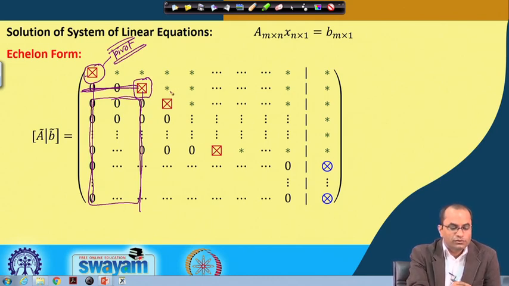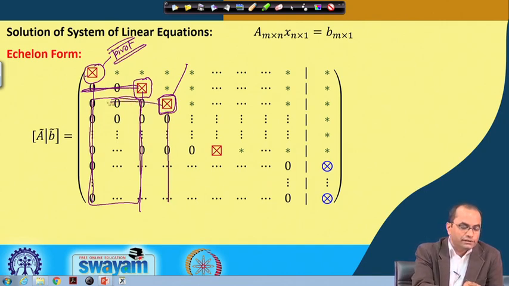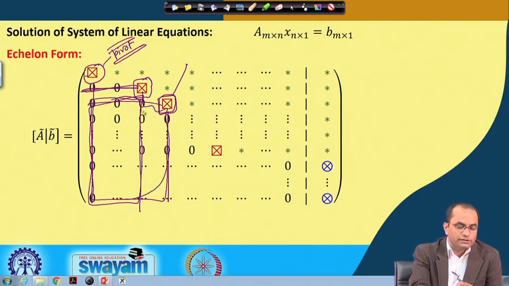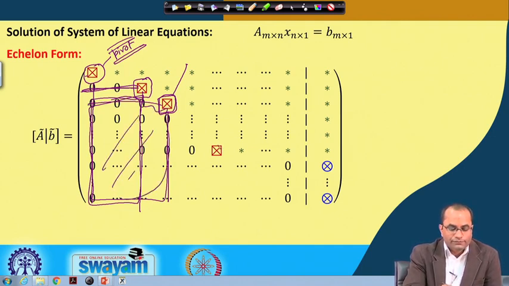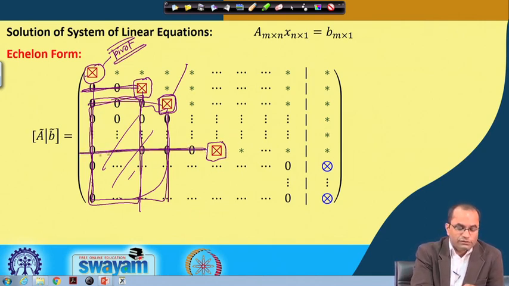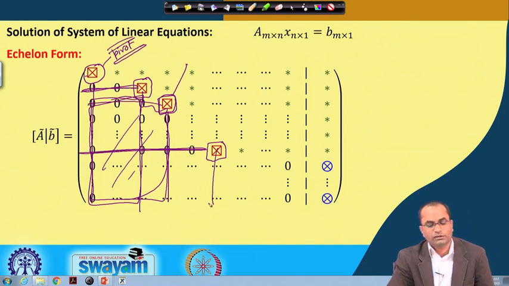Again, in this echelon form, this element will be called a pivot because everything here is 0, everything here is 0, and in this submatrix everything is 0. Similarly, this one is a pivot if it is a non-zero element, and everything to the left of it is 0 and everything below it is 0.